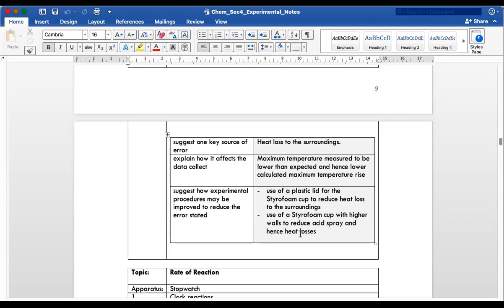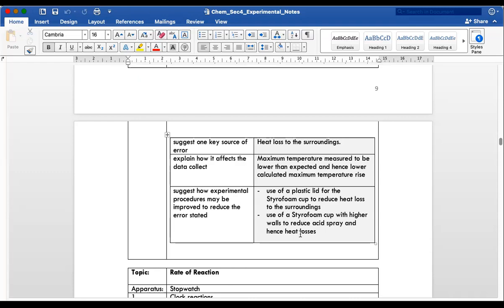So what are other sources of error the student can think of? For example, it could be something to do with the reaction itself, like impurities, or it could be due to the instrument not being precise enough. For example, if they use a measuring cylinder, maybe they want to improve precision, and the use of a pipette might be better.